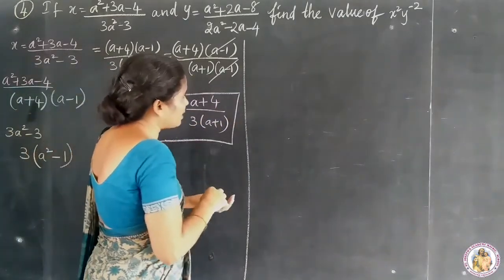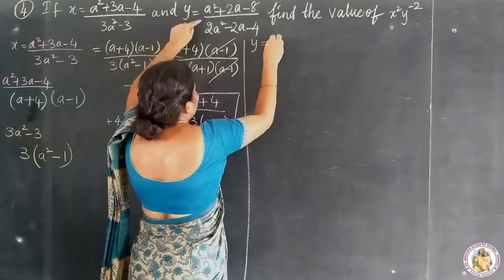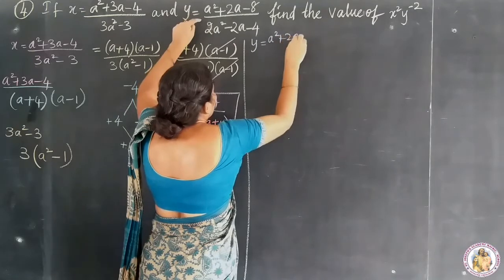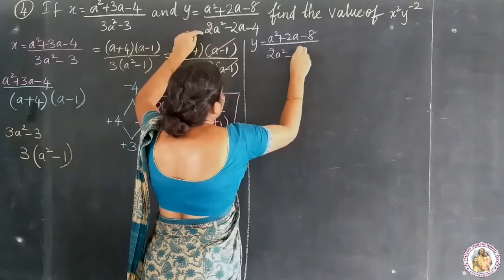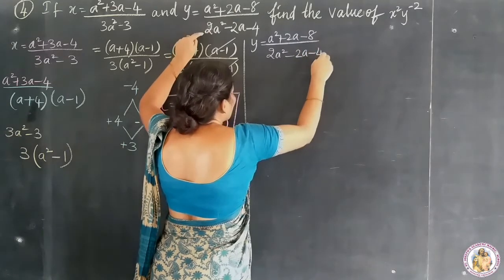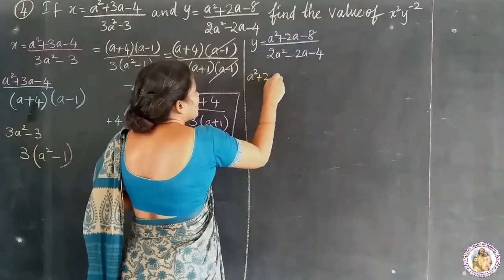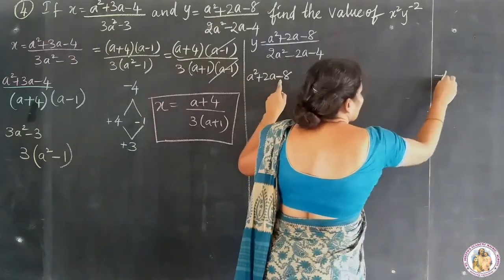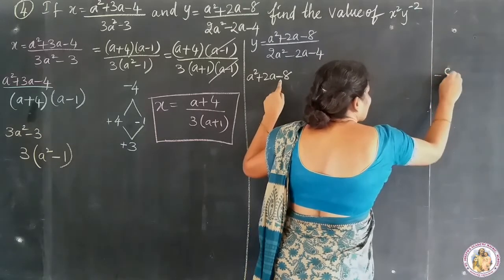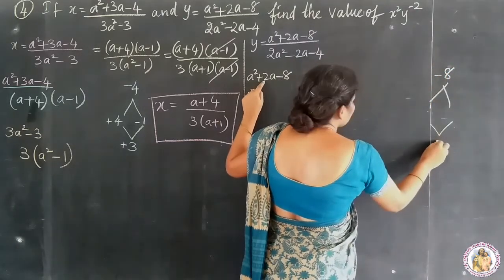Okay, now let us find value of y. So y is equal to a square plus 2a minus 8 divided by 2a square minus 2a minus 4. So take first a square plus 2a minus 8. So for minus 8 we must get 2.